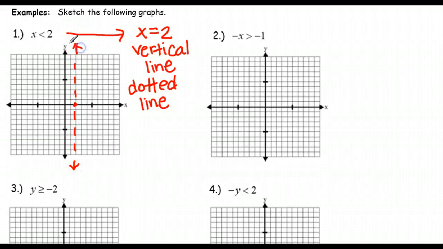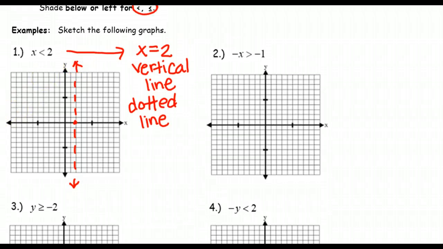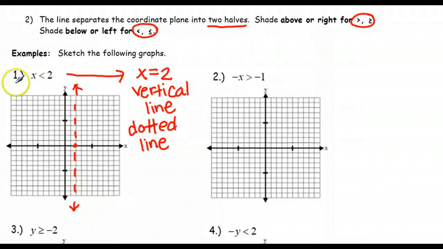Now, because we want to represent all possible solutions, we need to do some shading. Here it says that we are going to shade above or right for greater than and equal to symbols, and we are going to shade below or left for less than symbols and less than or equal to symbol.